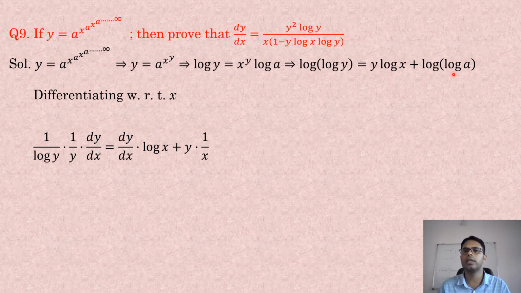And you see this log of log a is actually a constant term because a is constant, so log a is constant, log of log a is also constant. So the derivative is 0, I am not writing it here.